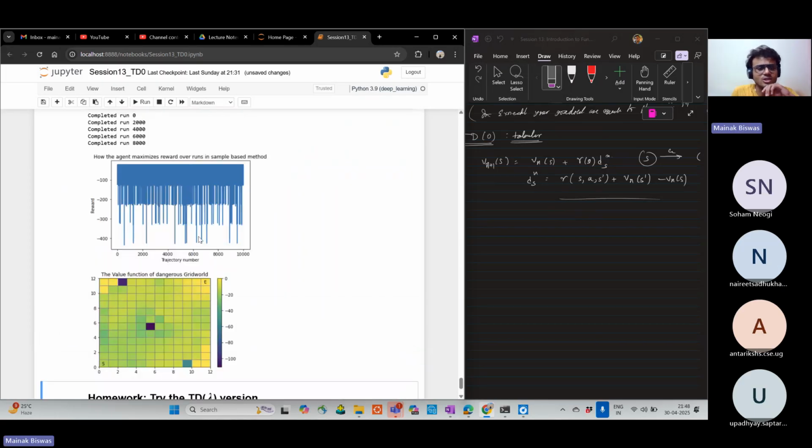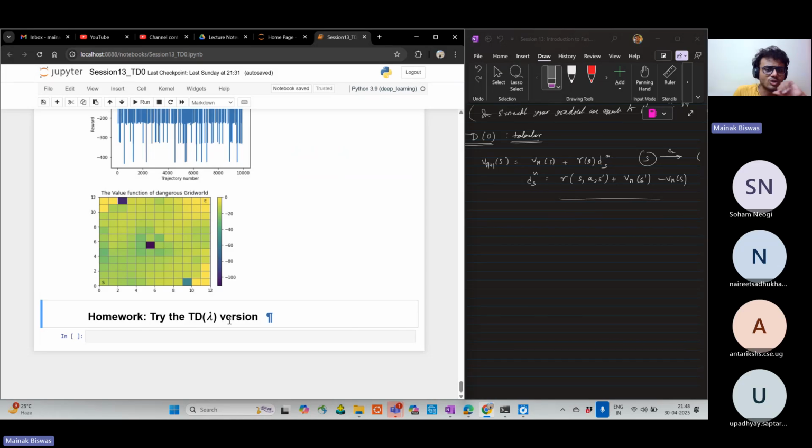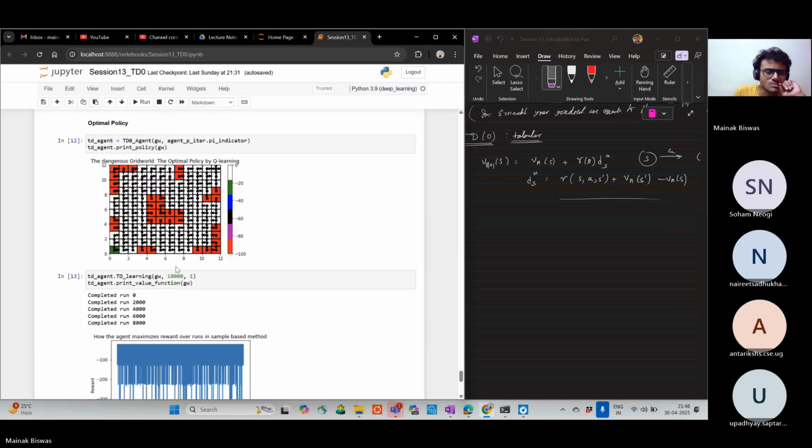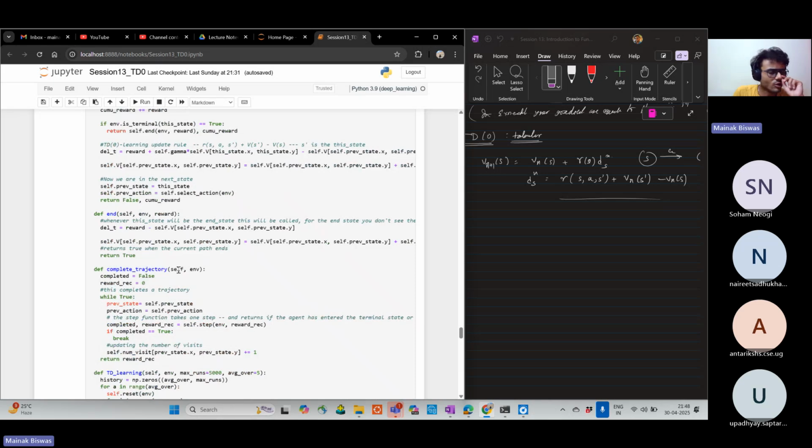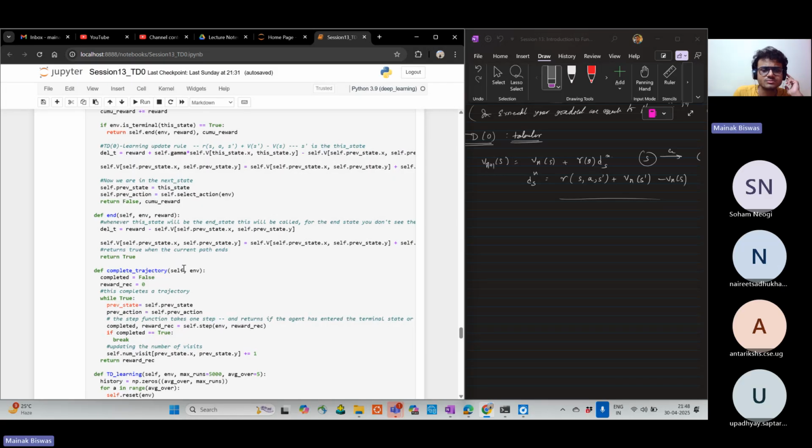Okay, clear? Any question? Your homework, which will be a part of your assignment, is to implement a TD lambda algorithm and compare the convergence and so on. Any questions? Anything you want to ask? Am I audible?